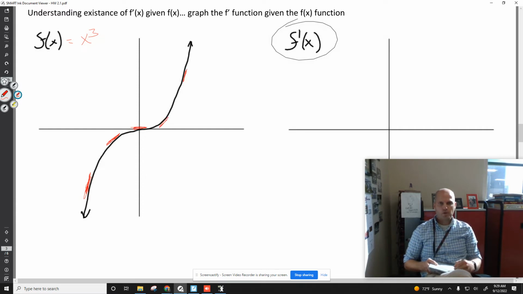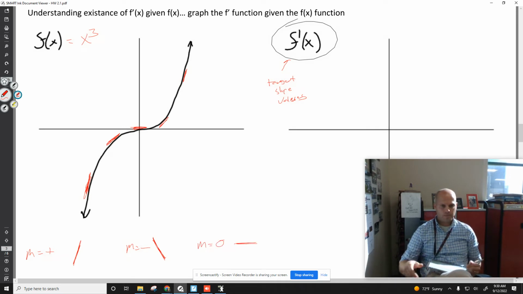Okay, and if you plotted the tangent slope values, understanding that lines that are pitching up, the slope is positive. Lines that are pitching down from left to right, the slope is negative. Lines that are flat, the slope is 0.